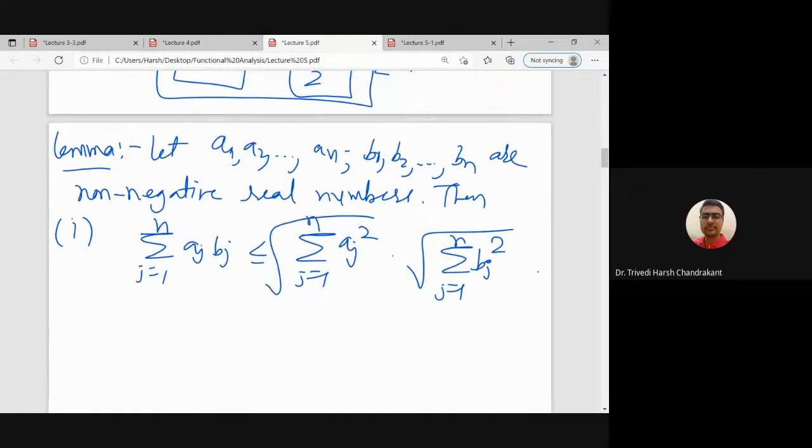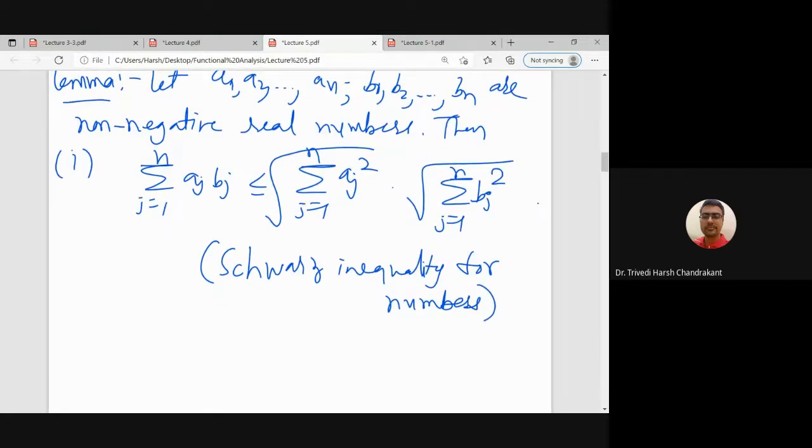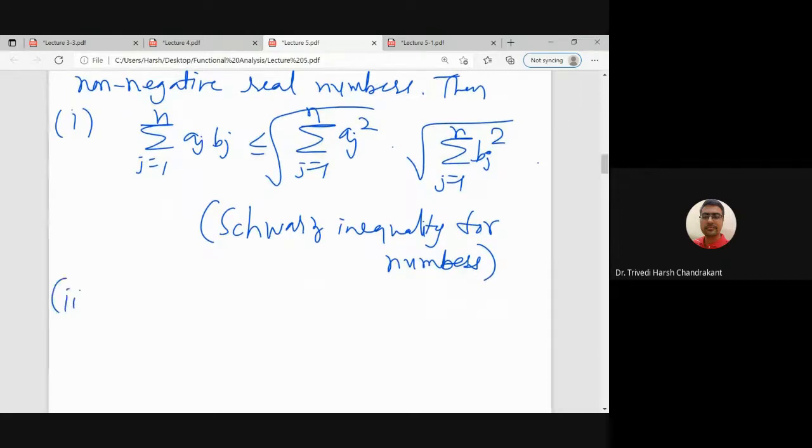This inequality you must be remembering, it is called the Schwarz inequality for numbers. The second inequality is the Minkowski inequality, that is for the addition of numbers.